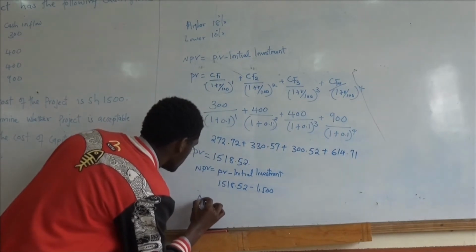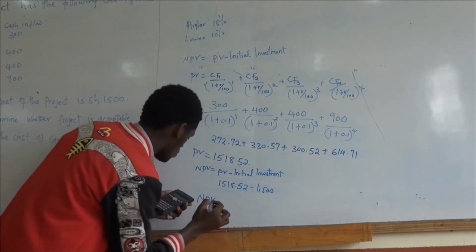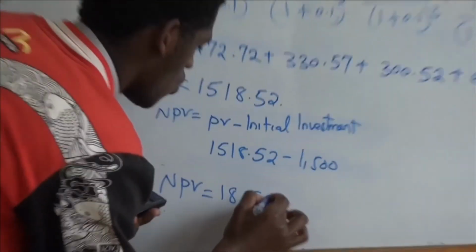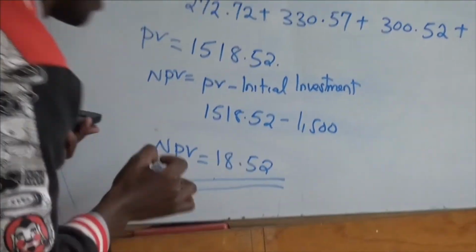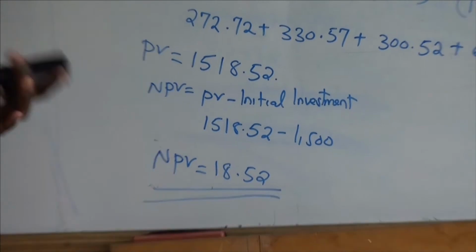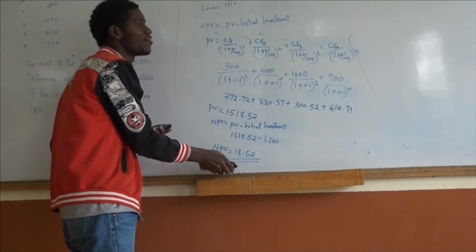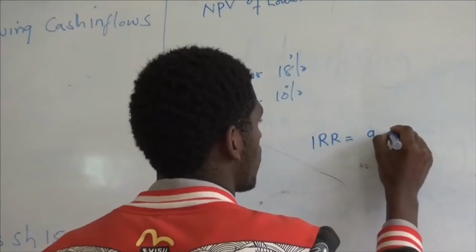So our NPV of lower rate is equal to 18.52. So after this, we will now substitute into the formula of internal rate of return.